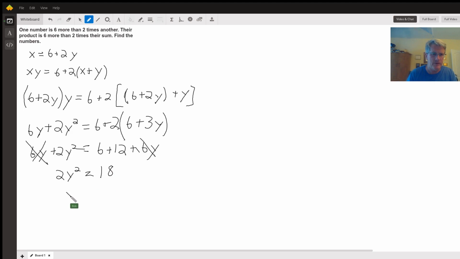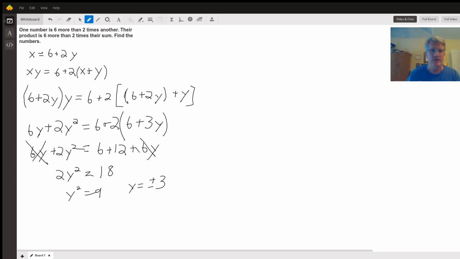Okay, and that reduces to y squared is equal to 9. And then y is going to be equal to plus 3 or minus 3. So we actually have 2 cases here.